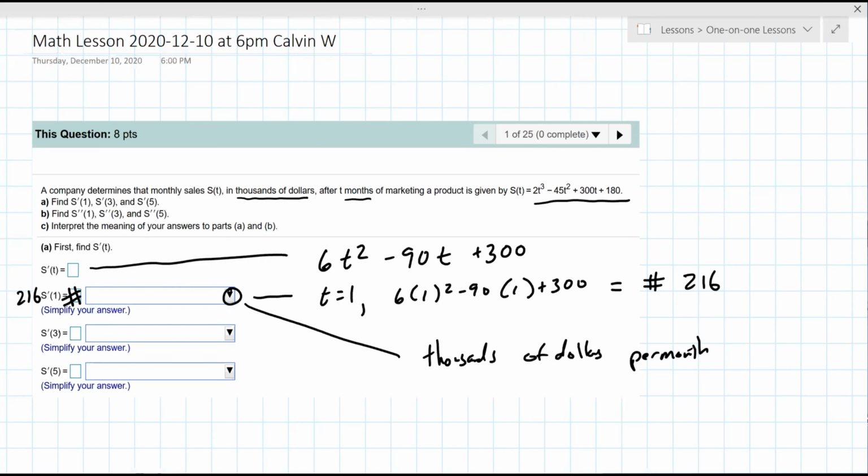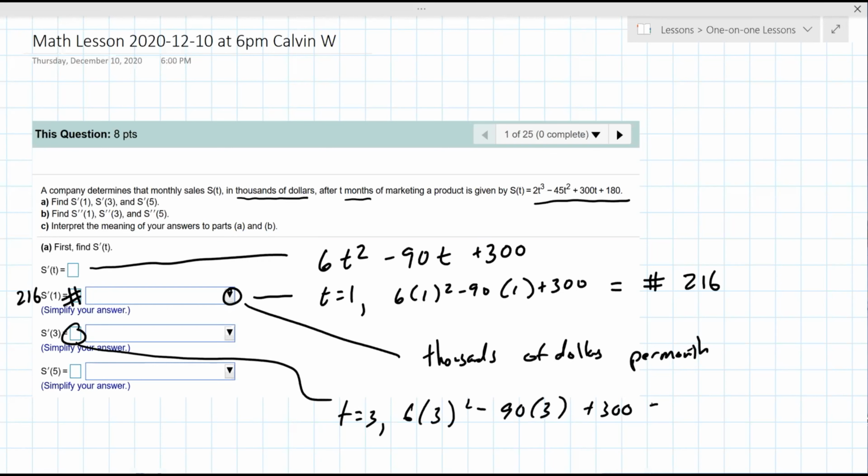For this s prime of 3, I'll just do it this way. You're setting t equals 3, and it's 6 times 3 squared minus 90 times 3 plus 300 equals 84. And it's the same units each time.